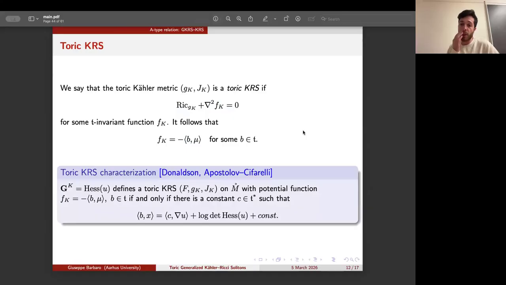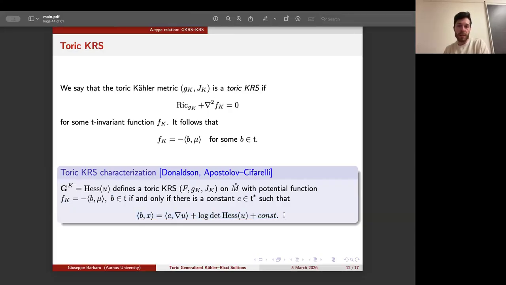And then these solitons are completely characterized by satisfying a Monge-Ampère equation. So the point is that you have this constant B, which is given by the soliton potential, and then there exists another constant C such that this twisted Monge-Ampère equation is holding.